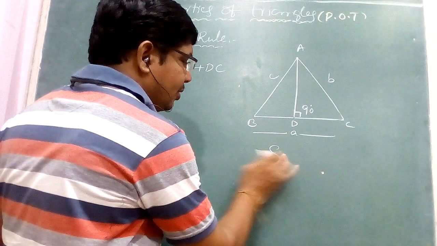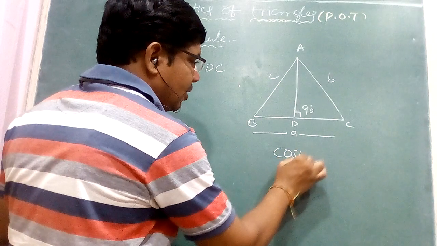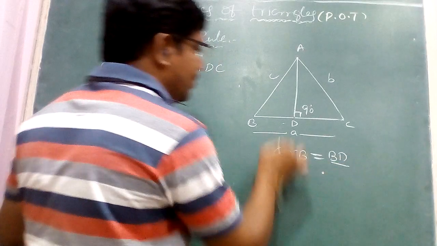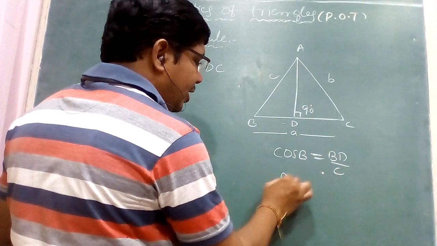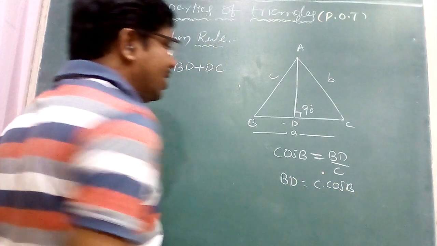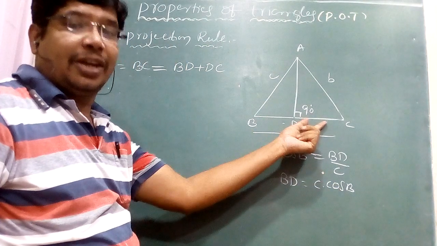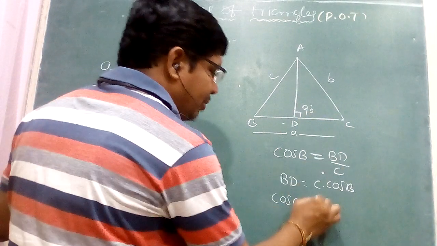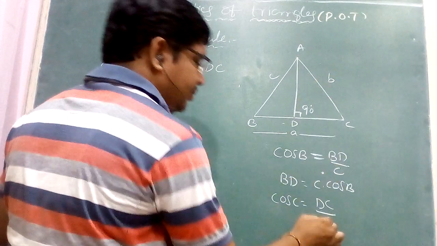Cos B is equal to adjacent side BD by hypotenuse, that is c. BD is equal to c into cos B. Similarly, you want DC also. Applying cos C, cos C is equal to adjacent side DC by b.